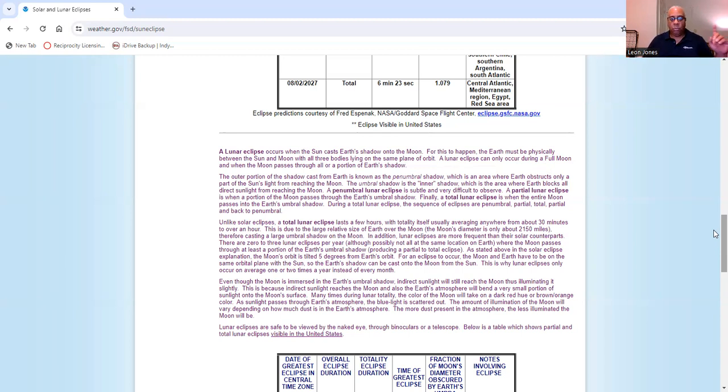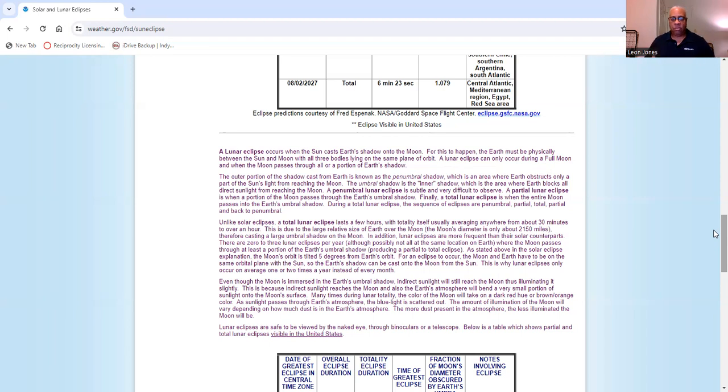Now, even though the moon is immersed in the Earth's umbral shadow, indirect sunlight will still reach the moon, thus illuminating it slightly. This is because sunlight passes through the Earth's atmosphere, which will bend a very small portion of sunlight onto the moon's surface.